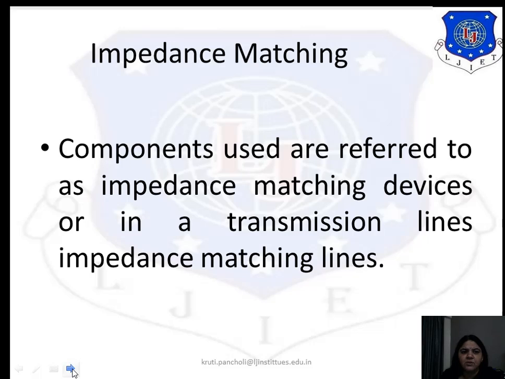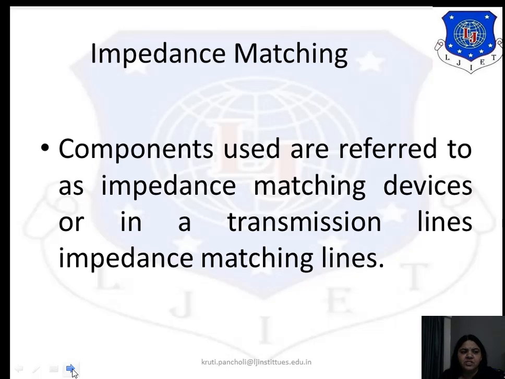As we have studied earlier, the characteristic impedance is the impedance at which reflection would not occur. So we don't want reflection at the source end.